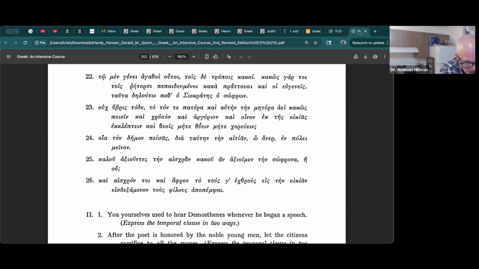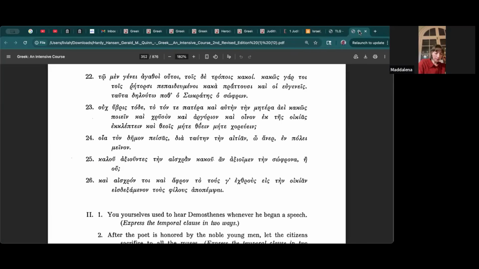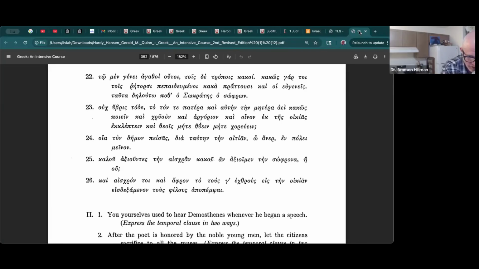Since we deem the aiskran, the shameful woman, worthy of kalu, of what is good, should we deem the wise woman worthy of evil or not?